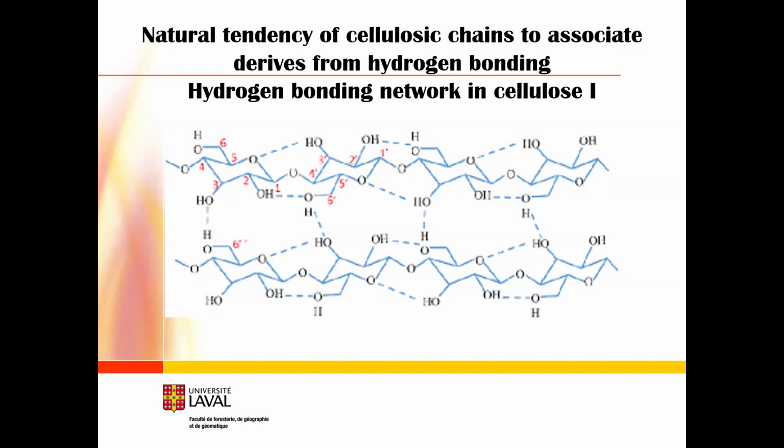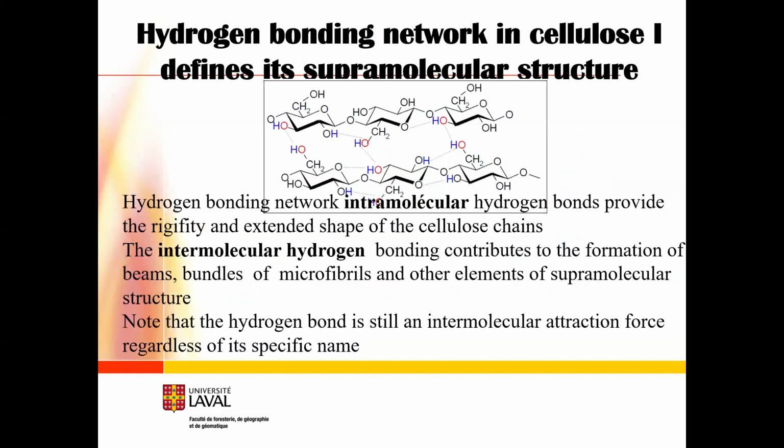And the intermolecular hydrogen bonds explain the tendency of cellulose to form different types of associations or bundles, which we will name with different names depending on the means of the devices by which we are studying.